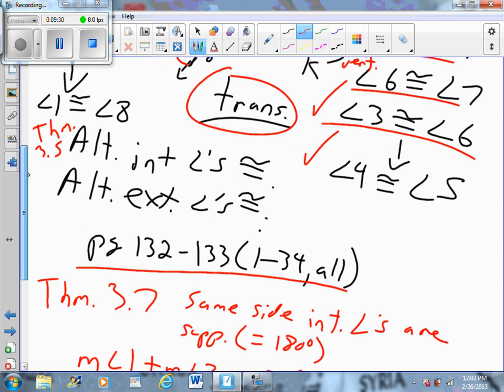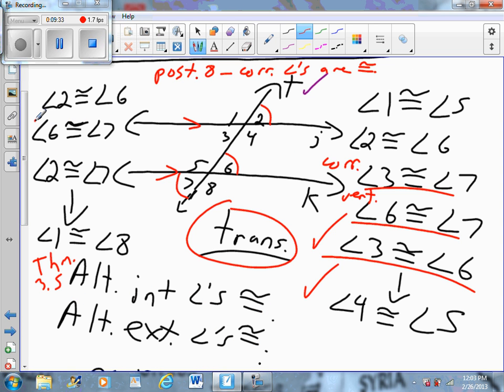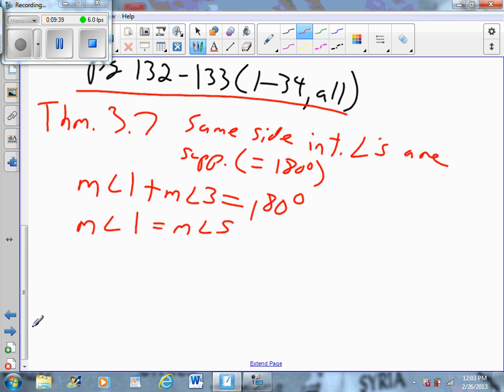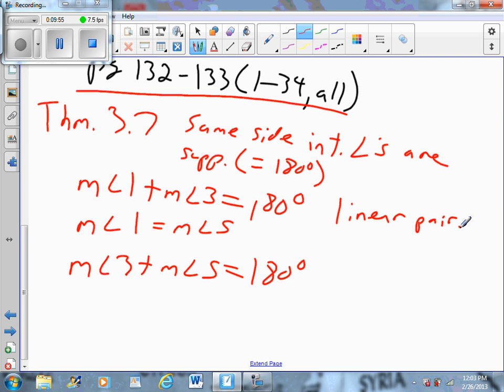So now I can make a substitution and say that the measure of angle 3 plus the measure of angle 5 is equal to what? 180. What is my justification for stating that if I were to make a formal two-column proof here? This statement was because these are a linear pair.